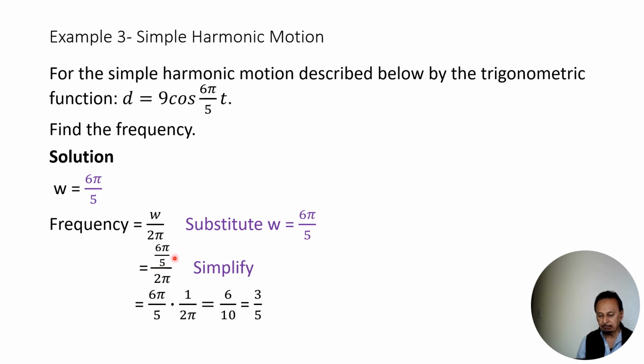This becomes 6 pi over 5 divided by 2 pi. Now we multiply 6 pi over 5 by the reciprocal of 2 pi, which is 1 over 2 pi. Now you can simplify, pi cancels with pi, and you're left with 6 times 1 is 6, and 5 times 2 is 10, 6 tenths, which simplifies to 3 over 5. So that's the frequency.